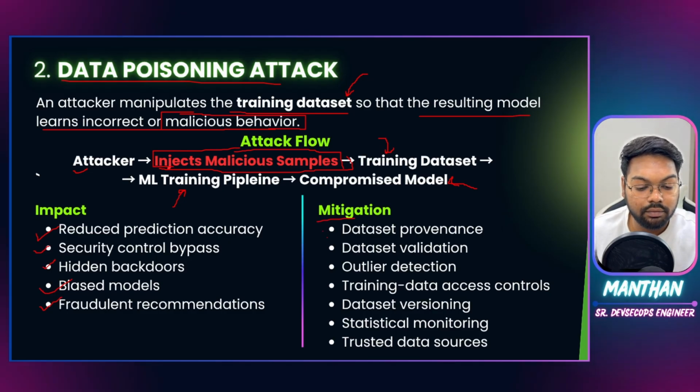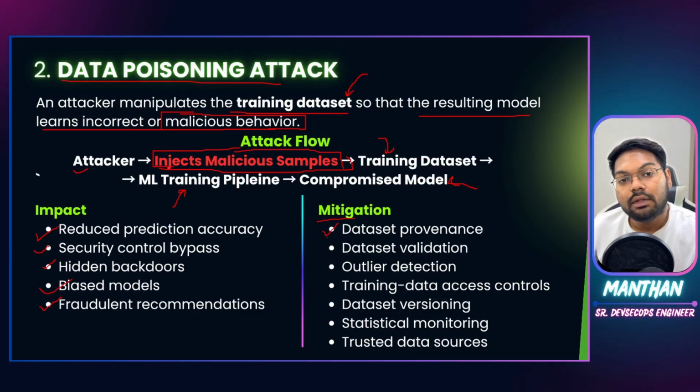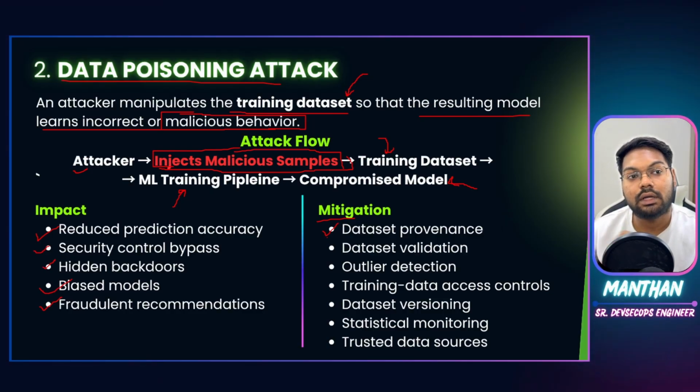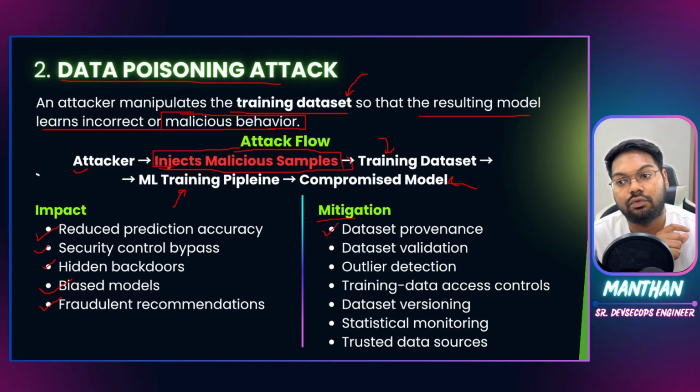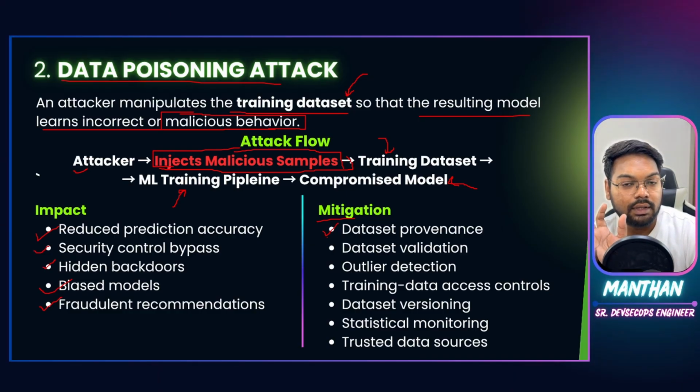Very first of all, we would like to implement dataset provenance. Provenance means keeping a record of something, of how it has been generated or modified in its past. Okay, a trail of events that this particular thing has gone through.